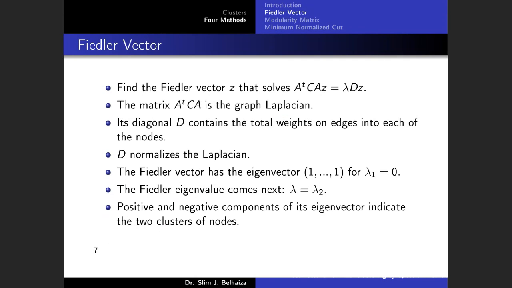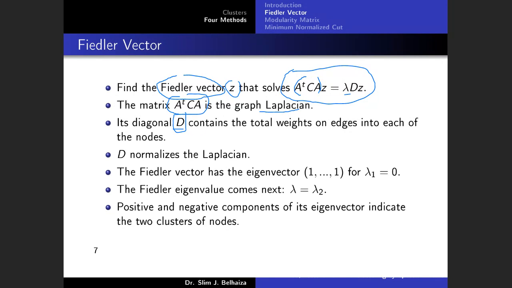So first of all, let's talk about the Fiedler vector. What is the purpose of the Fiedler vector? It is to find the vector z that solves the following equation, where A^T C A z is equal to lambda D z. Now this A^T C A is the graph Laplacian, and its diagonal D contains the total weights on the edges, or the degrees, for each node.